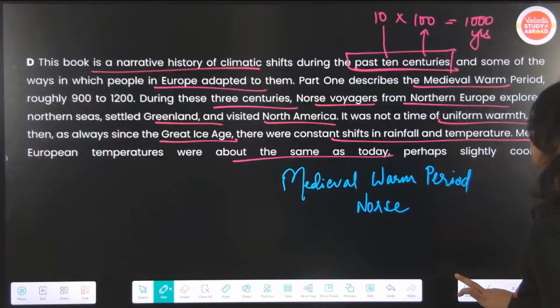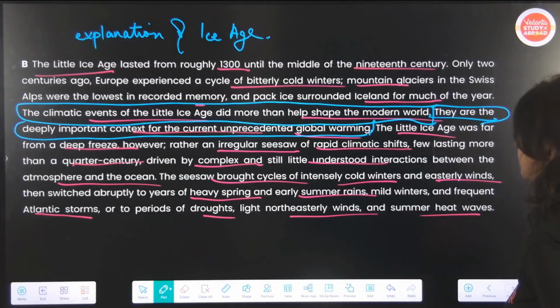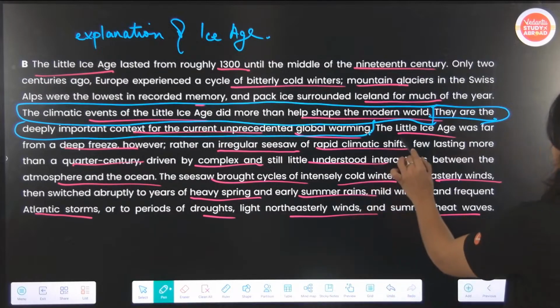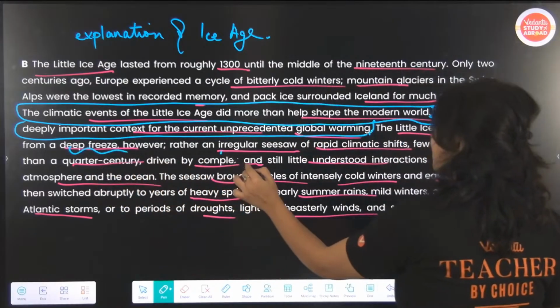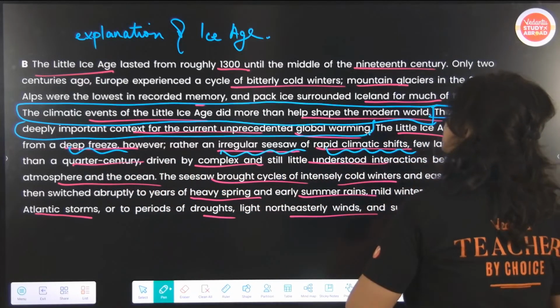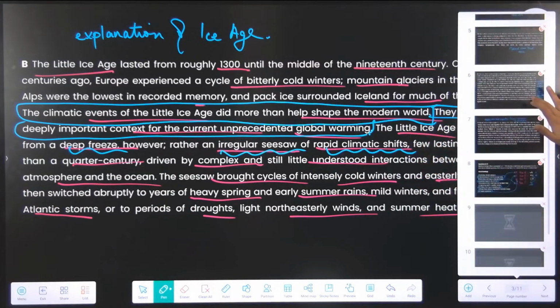The Little Ice Age was far from a deep freeze, however, rather an irregular seesaw of rapid climatic shifts. Okay? Climatic shifts written right there.